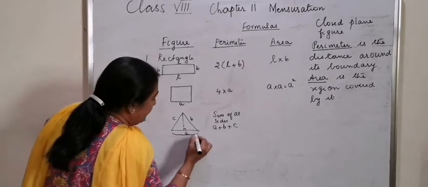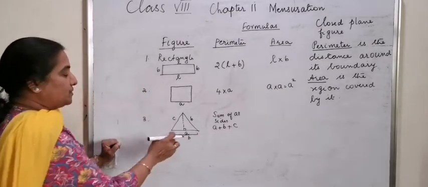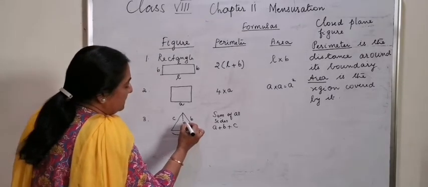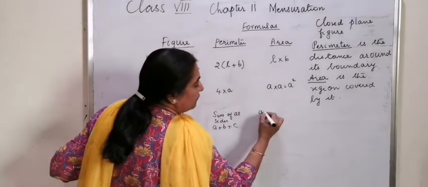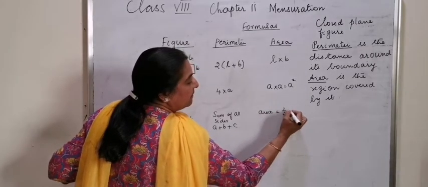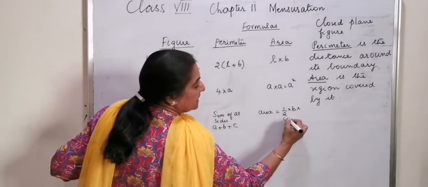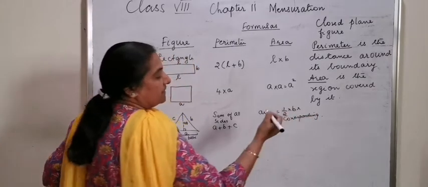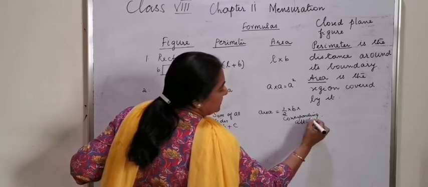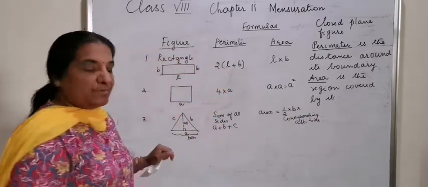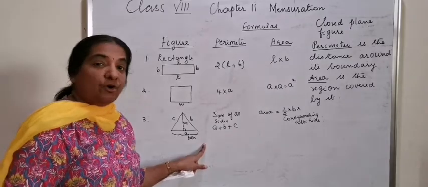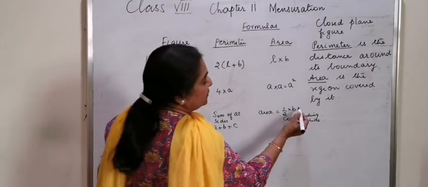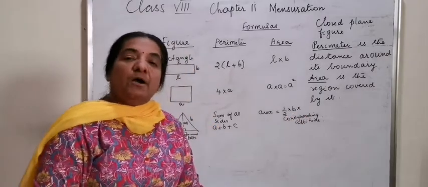If this is the altitude corresponding to base B, area of any triangle is half into base into corresponding altitude. Whichever is the base under consideration, the altitude should be to that particular base. That is why half into base into corresponding altitude.